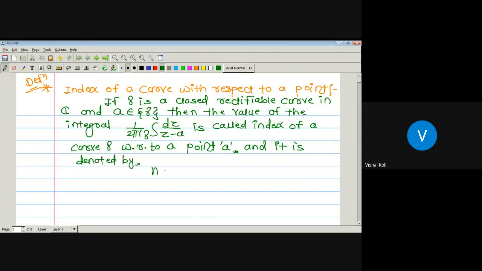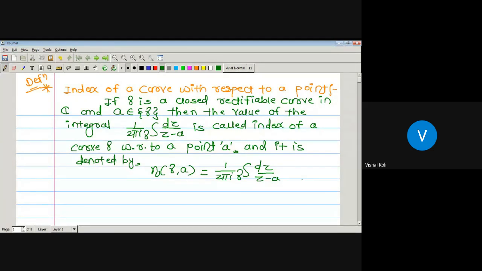the index of a curve gamma around a point A, or with respect to point A, which is nothing but one upon 2 pi i integral over the curve gamma dz upon z minus a. So this is the index of a curve with respect to a point.